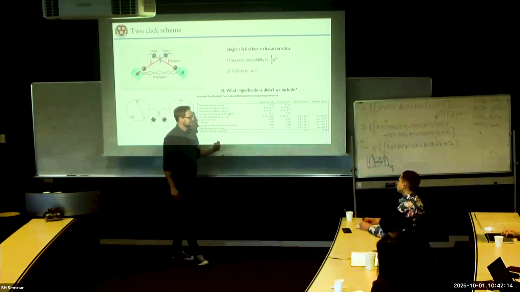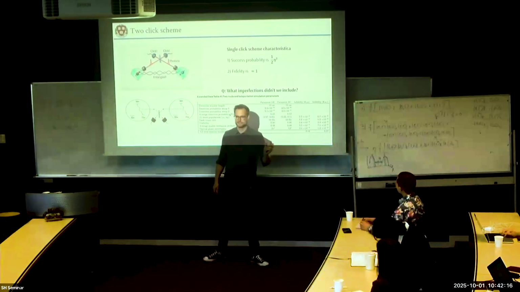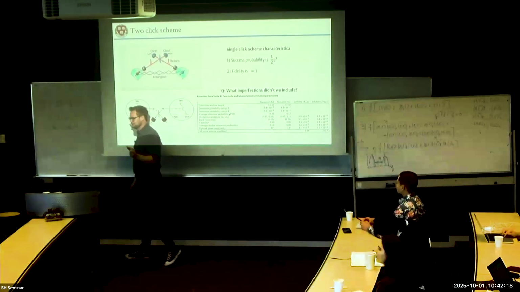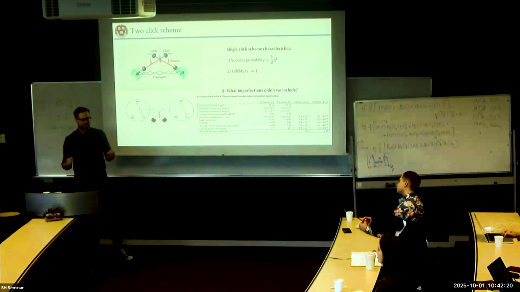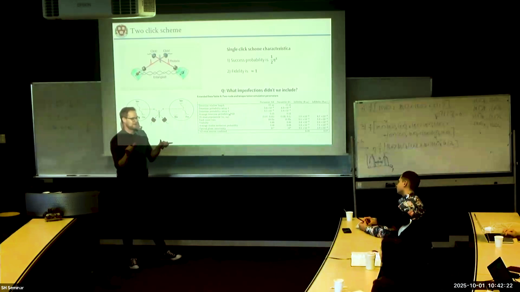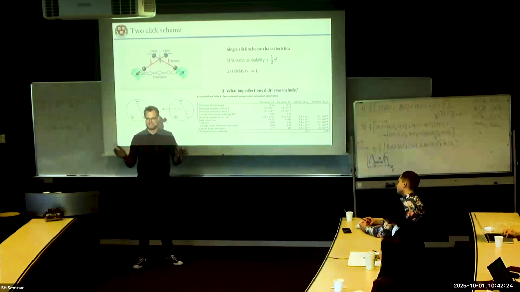However, let's think a little bit about this optical phase stabilization. For the single photon scheme, I really cared about this phase being stable over each realization of the experiment, right? Because if I had a different phase from the two photons, I end up with a different Bell pair.